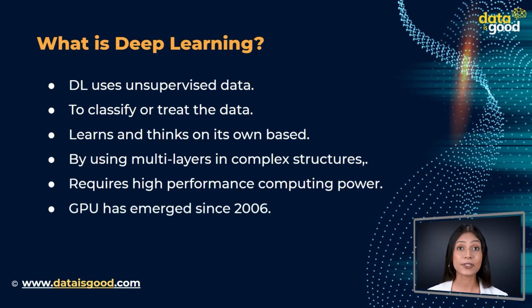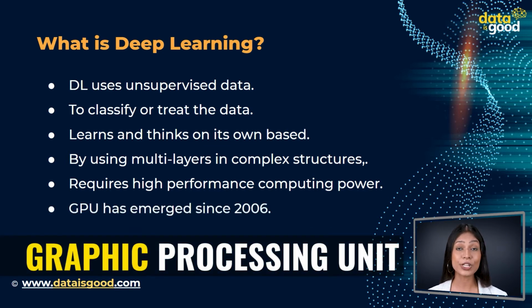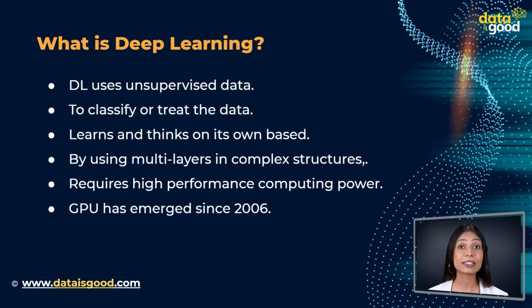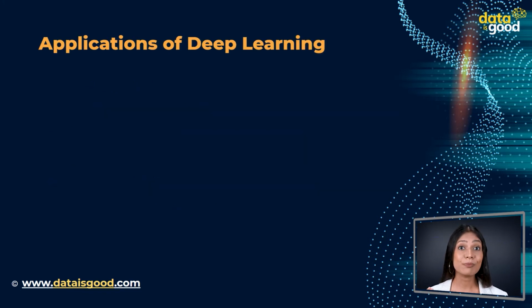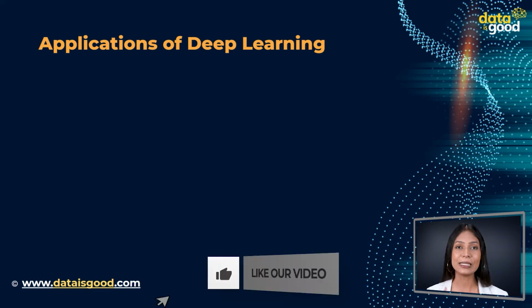Since the year 2006, the graphic processing unit, or GPU hardware, has emerged from more expensive, compute-intensive graphics applications to more affordable general compute devices available to any compute-intensive applications such as deep learning.